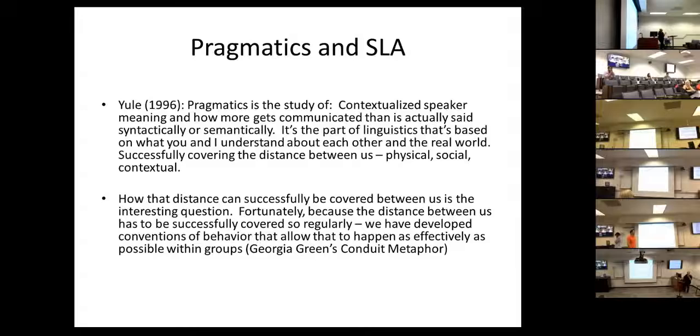Because the distance between us, socially, physically, and contextually, in one speech community has to be covered so regularly, like every minute of every day, we have conventions of behavior in which we communicate those things, right? If I want to communicate that I am confused, I might say, oh, and that means confused.